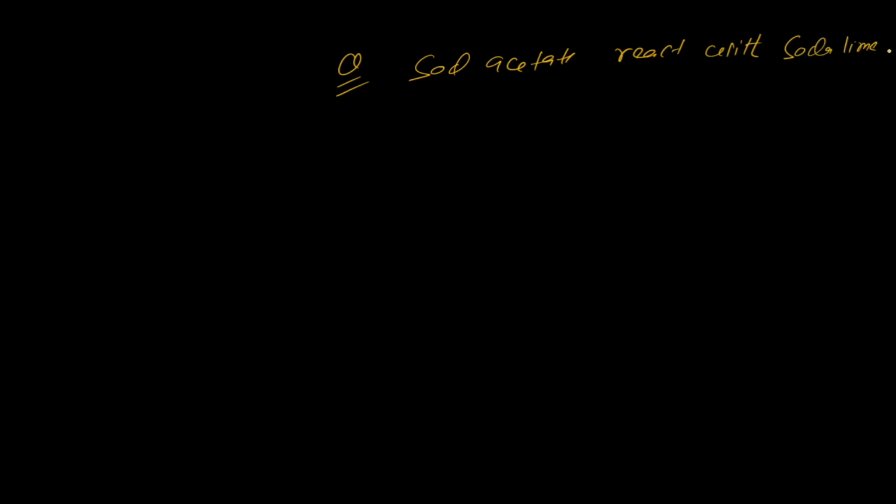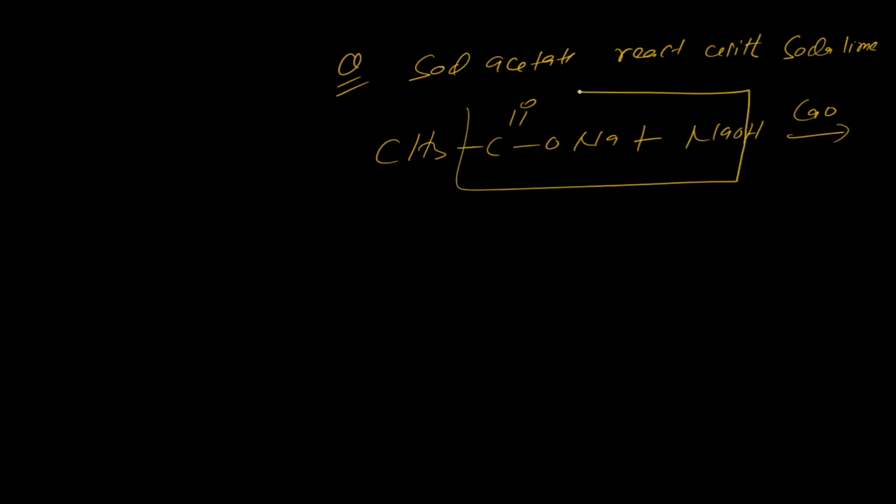Sodium acetate is CH3COONa, and soda lime is NaOH with CaO over the arrow. So Na2CO3 is out from here, and it will give you CH4 plus Na2CO3.